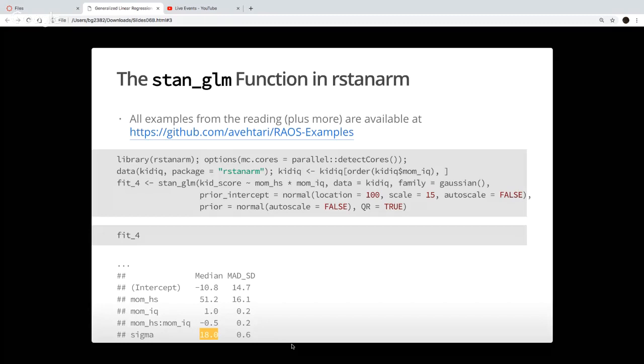Okay, so if this were, say, like 2, the MAD-SD for MOM-IQ, would that mean we basically have more error and imprecision in the estimate, that there's more noise than not? Would that be an appropriate interpretation? I think that's too close to the frequentist interpretation, where you would say, like, is the estimate 2 standard errors away from 0? But loosely speaking, yes, the higher the standard deviation, the more imprecision in the coefficient estimate.